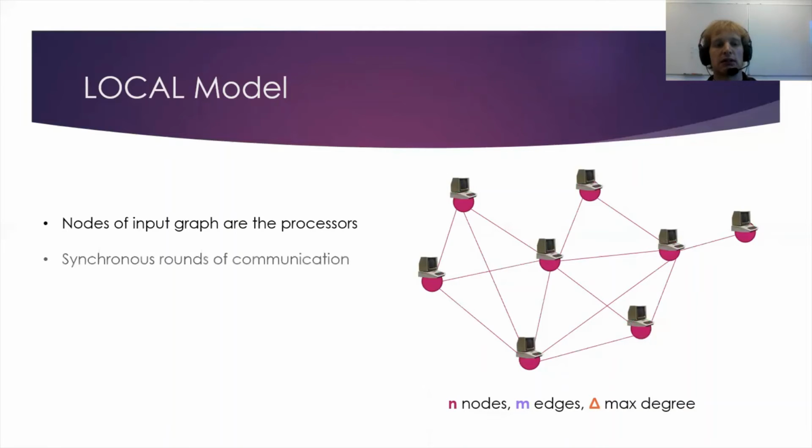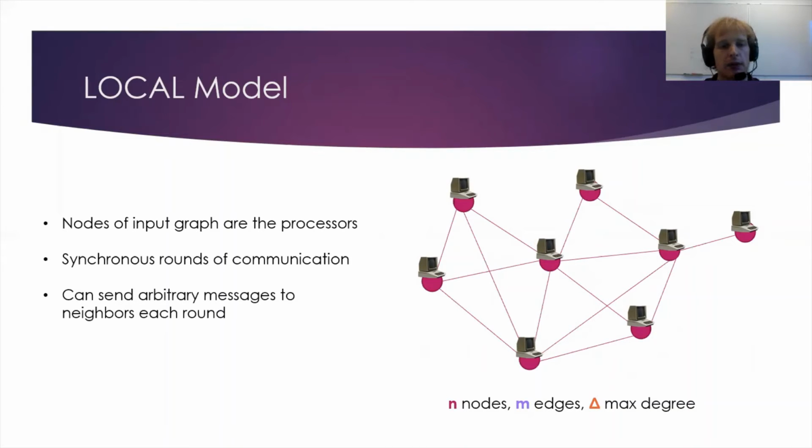Again, we proceed in synchronous rounds. Now we don't have any space bound, so the local computation is unbounded, and we can send arbitrary messages to the neighbors in each round. So really, it's only the locality that matters here. Again, we want to know the minimum number of rounds we need in order to solve our particular graph problem.